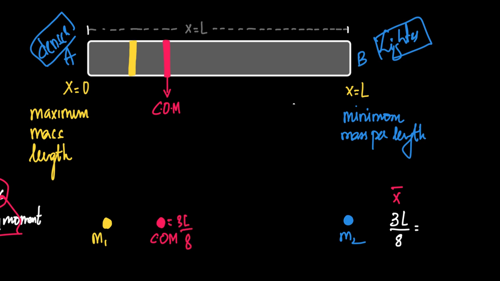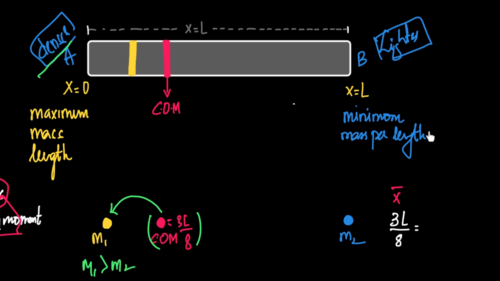And again, we come to the conclusion that the center of mass is always closer to the mass which is denser or heavier. Why? Because here M1 was greater than M2, and therefore the center of mass will be closer to M1.